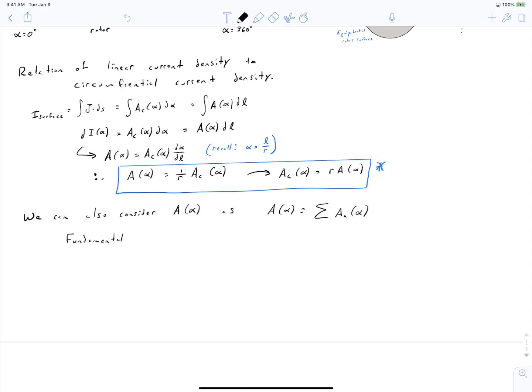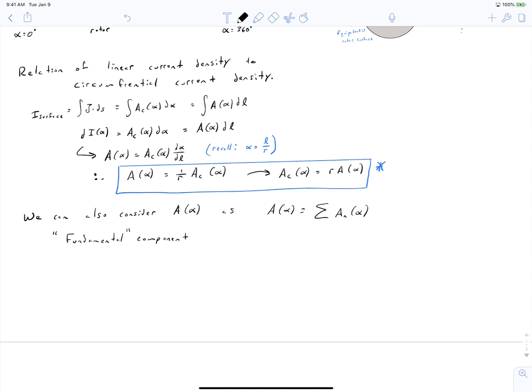In all of these harmonic decompositions, every time we take the Fourier series of a waveform, we consider the fundamental component, in the language of the machines community, as being the component that occurs at n equals p, at our index equal to a number of pole pairs. So in general, if you have a waveform for current linkage or your equivalent current density in the inner bore of your stator, the true fundamental of that, in the sense of a Fourier series calculation, is going to be 2 pi.